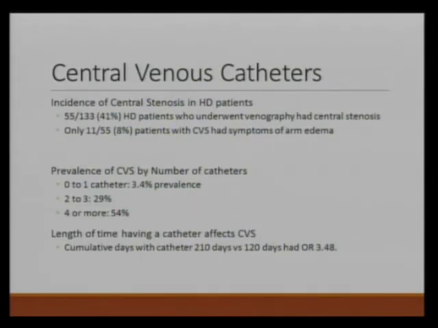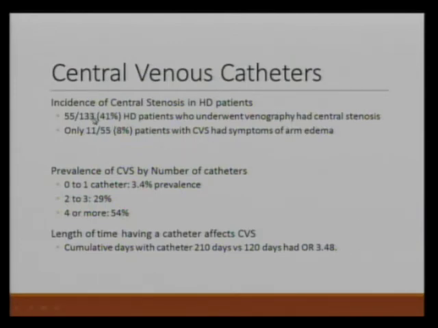So looking at what is the incidence of central stenosis in our dialysis patients? Well, this is a study that looked at hemodialysis patients who just had venography, okay? 41% had central stenosis, but only 8% had stenosis with symptoms.